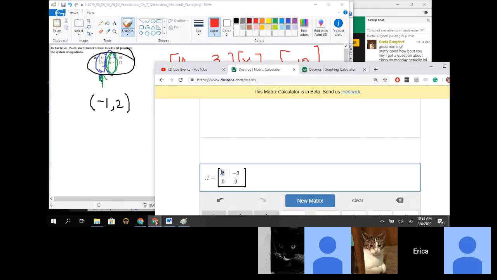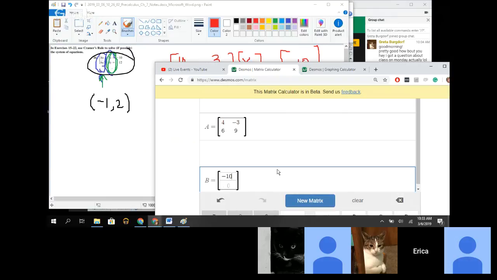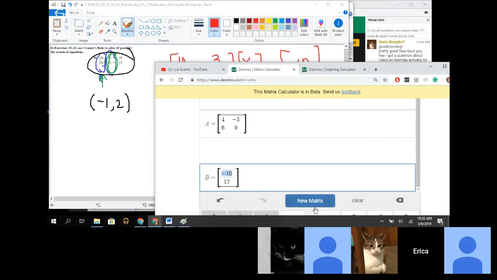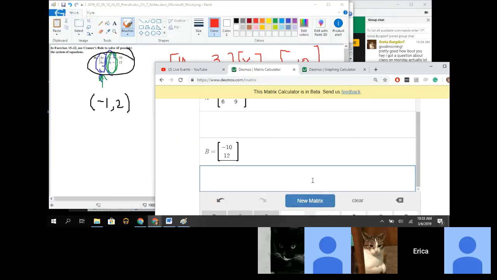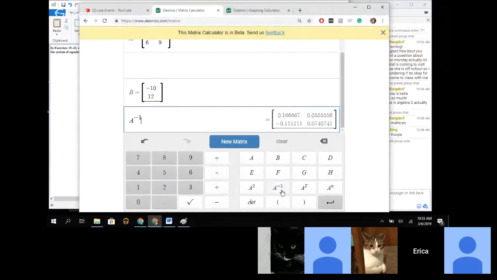That's your one matrix. Your new matrix is going to be a 2 by 1, which is -10 and 12. And your solution is going to be take matrix A, the inverse, and multiply it by matrix B. And your x is -1 and your y is 2.